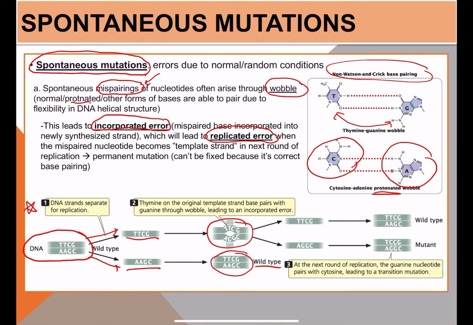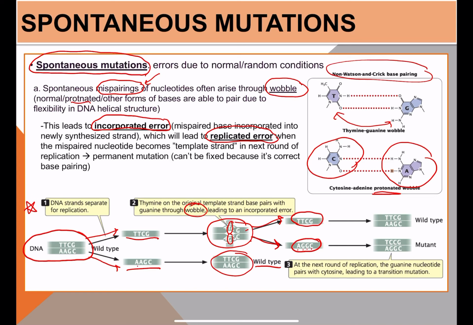This one, okay, wobble happened, where you have now a T with the G due to wobble, okay? So now when you split this molecule into a second round of replication, you have your normal sequence TTCG, but in this other sequence now you have AGGC, okay?